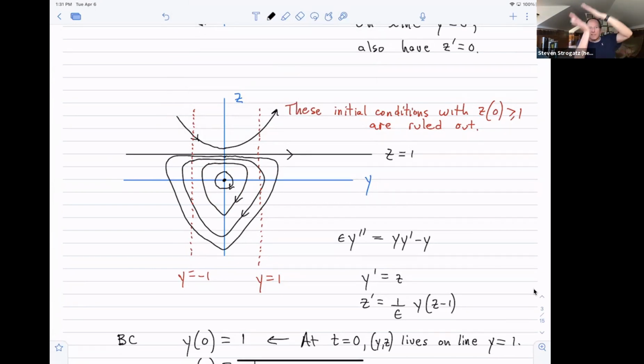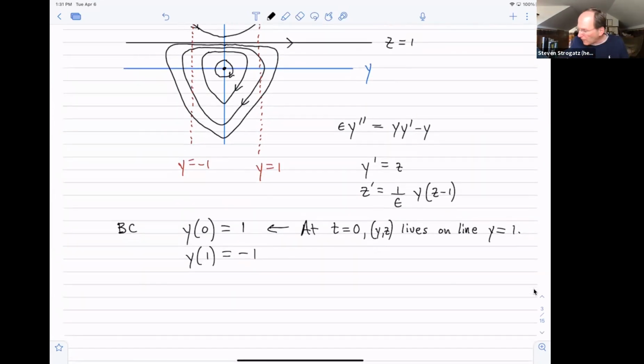They get all packed in near z equals 1. So the whole plane is literally foliated, in the language of geometry. The plane will be foliated with these trajectories. Okay, so that's the picture. Now, how do we start doing some math, you might say? This is math. This is geometry. This is qualitative math, but it's giving us a lot of insight.